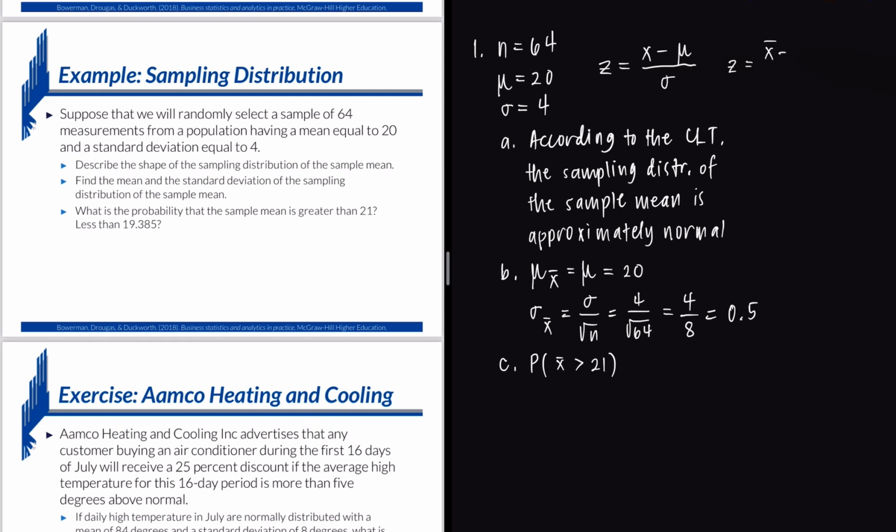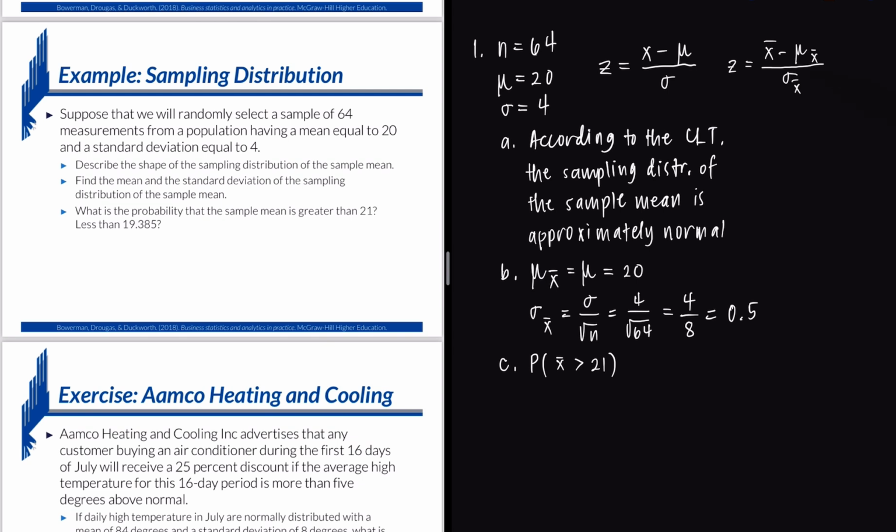And therefore, to convert x bar to z, we will have to subtract the average of all sample means, which is expressed as mu sub x bar. Similarly, we divide this by the standard deviation of all x bars, and that is expressed as sigma sub x bar. So this is now the formula that we will use in order to convert x bar to z.